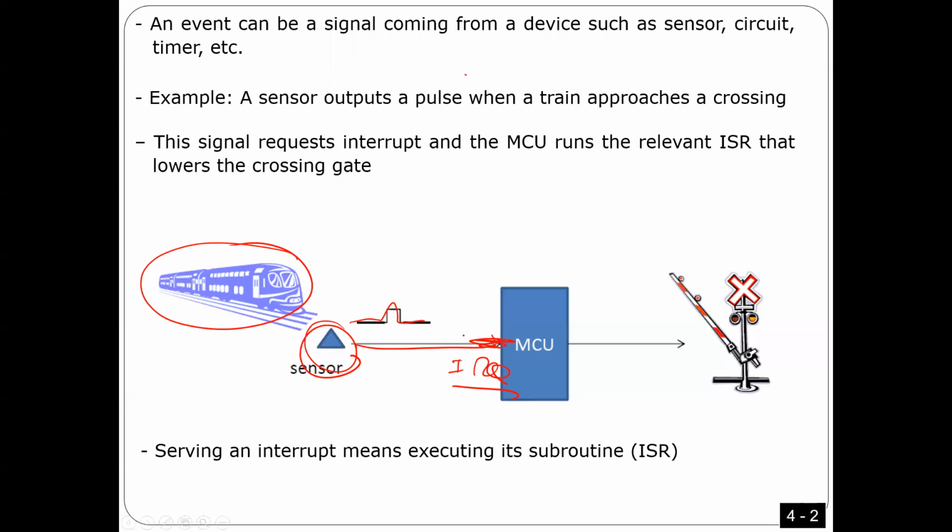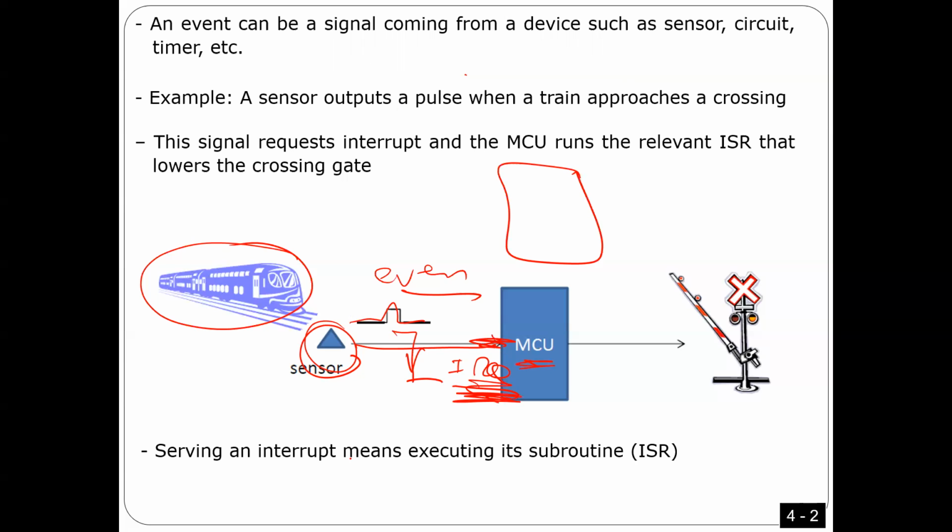This is the event: the train is coming. Because of this event, there is a falling edge, and because of this falling edge, you trigger an interrupt. This is one type of interrupt, the IRQ interrupt. Then the microcontroller suspends the main program and goes to execute a subroutine.